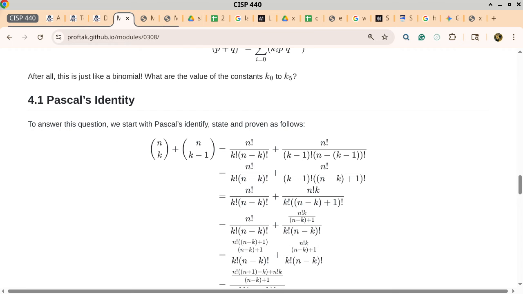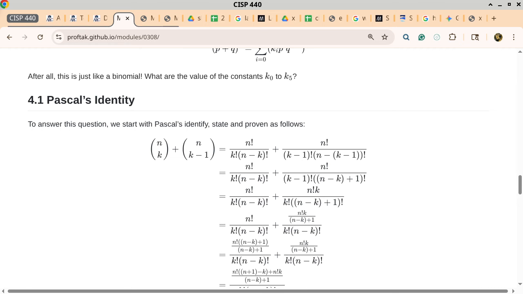But the denominator, n minus k plus 1 factorial, when you divide it by n minus k plus 1, you just have a smaller factorial.